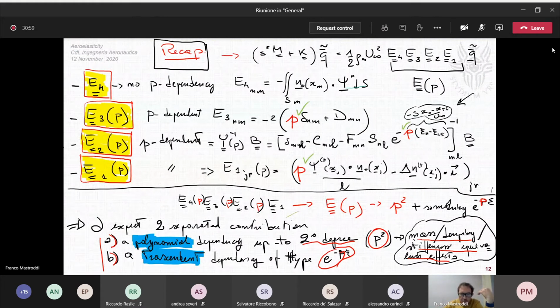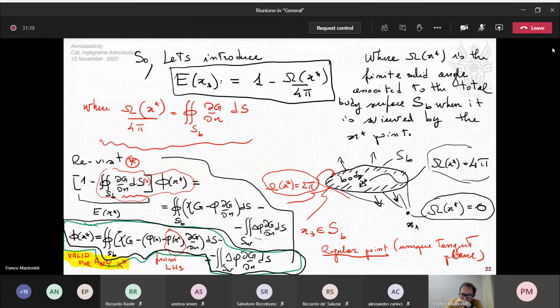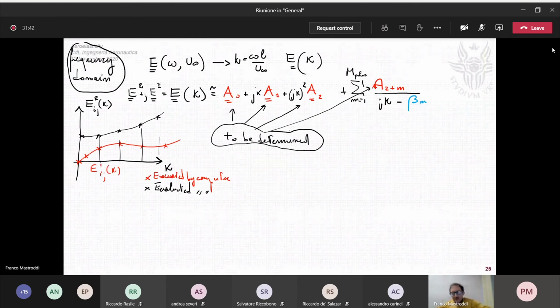We talked about this here. When we analyzed all the matrix contributions as a product, 4 by 3 by 2 by 1, we concluded that as we have a linear dependency on P, and a transcendental dependency on P, when we take the product, at maximum we have up to second degree polynomial dependency, and something else strange, because we have an exponential in P. So for this reason, we assume as interpolating structure a structure like this.